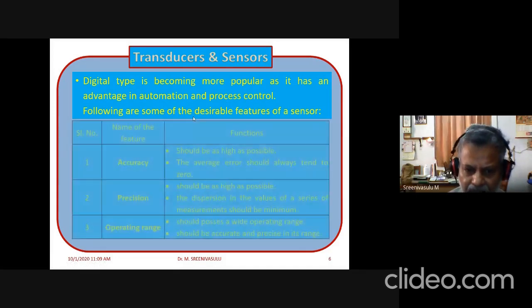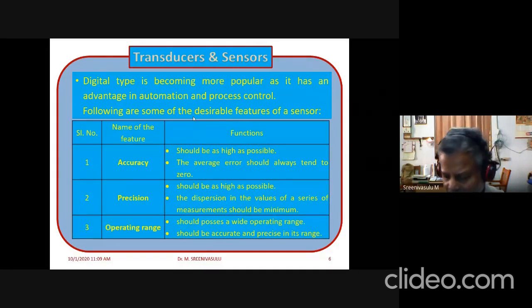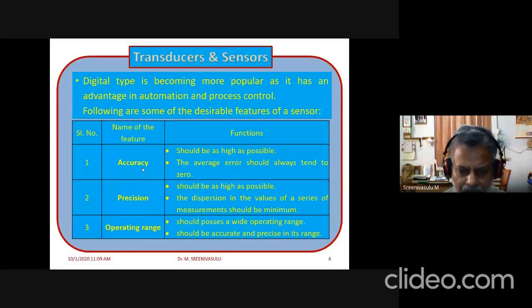And of course, there are certain characteristics that have to be followed by a particular sensor: accuracy, precision, operating range. Accuracy should be as high as possible. Once a particular sensor is capable of giving a reading with high accuracy, it means that the average error is going to be minimum, and you are trying to bring that down to zero.